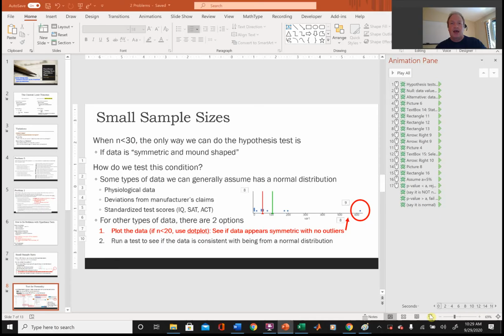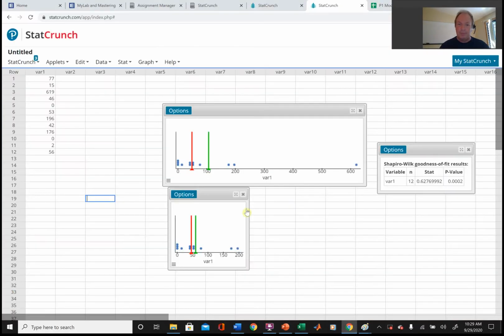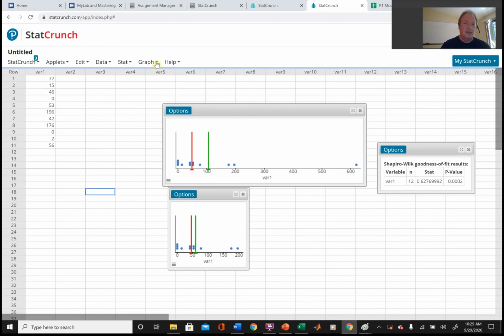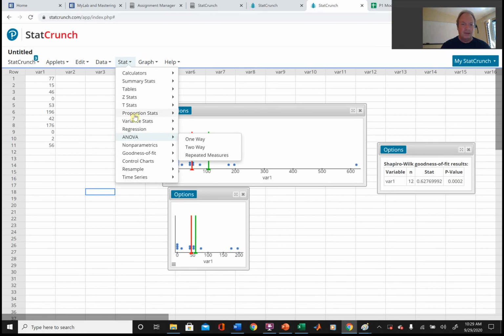And just for fun, I'm going to go back and rerun the test with that outlier. What would happen if we did it? Let's just see if this is our outlier here, right? And let's just rerun the test. So Stat, Goodness of Fit, Normality.